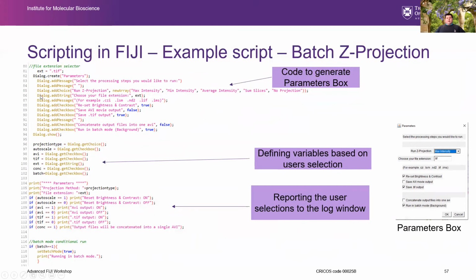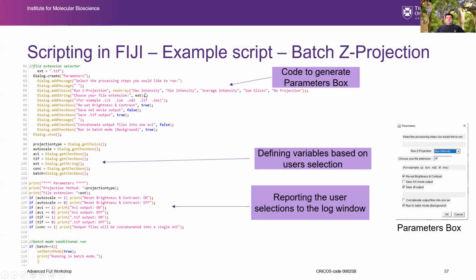Before we say choose your file extension, we have to define what that extension might be. The default would be .tiff, but maybe it's .czi. Then we have all these different commands. We can add a message to the dialog box. We can have choices, so run Z projection.